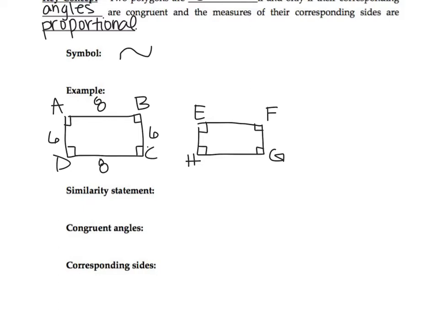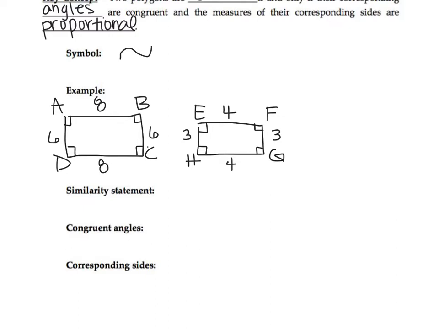And then in our second rectangle, we have EF and HG having length 4, and FG and EH having length 3. Okay. So I already know these figures are similar. All of their angles are congruent and their sides are all proportional.